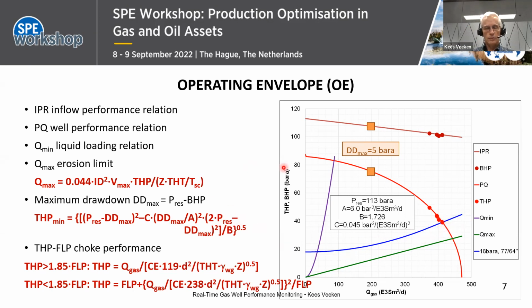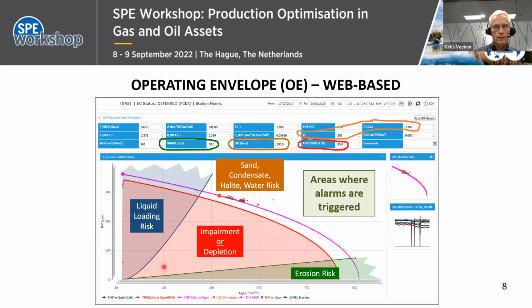So there are quite a few things that you can read off using this operating envelope, and it's all based on quite simple expressions that are quite easy to program, either in Excel or, if you want an online web-based tool, you can use the same expressions. This is a web-based tool made by one of the operators that I worked for.